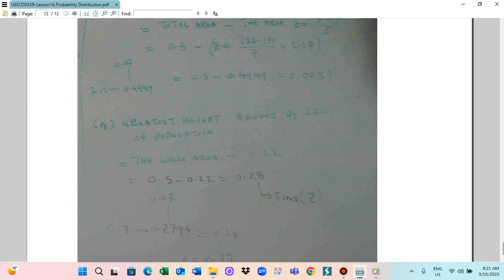Okay, so part B. The greatest height is reached by 22% of the population.